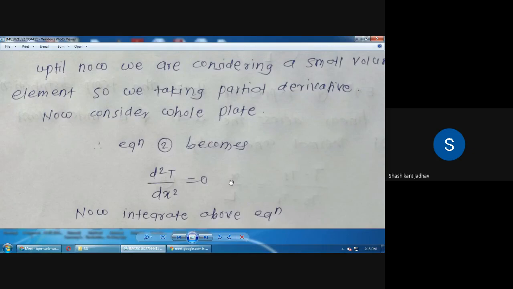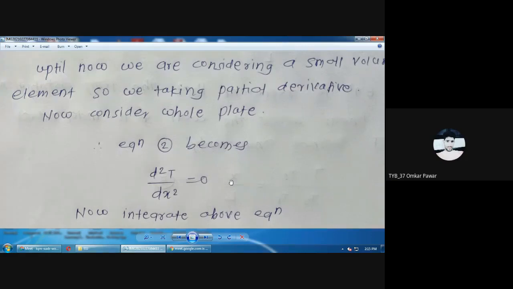Anyone unmute yourself and tell me. For this equation, what is the integration value or integration equation? Anyone? Tell me.